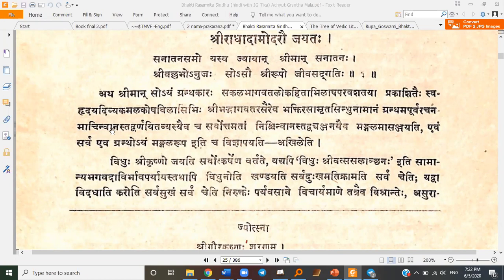He's compiling, he's writing the Grantha, the scripture named Bhakti Rasamrita Sindhu, which is Apurva Rachanam.